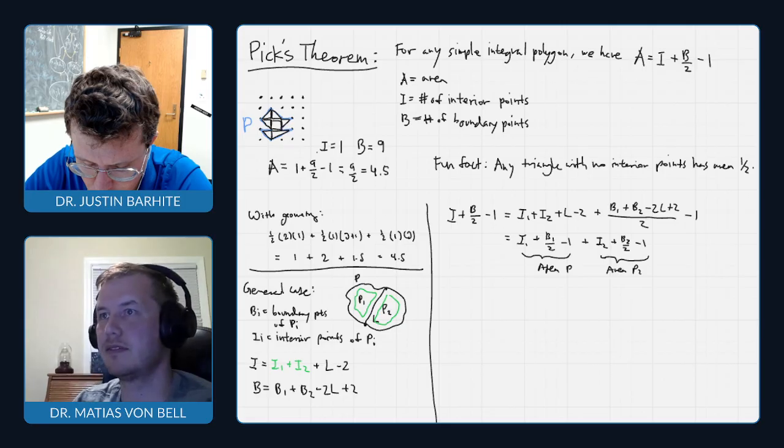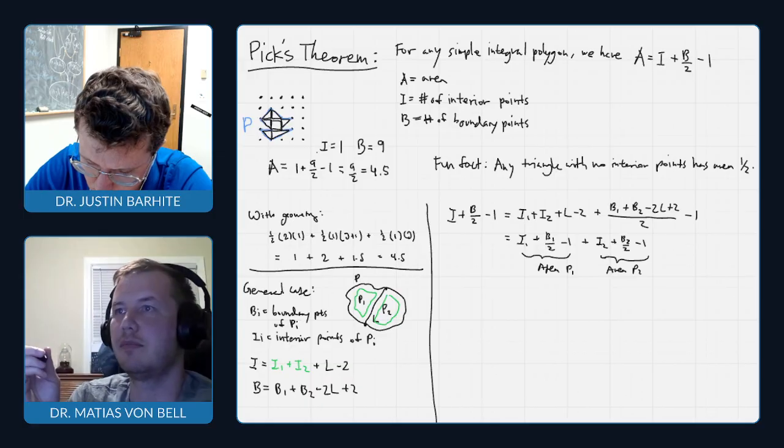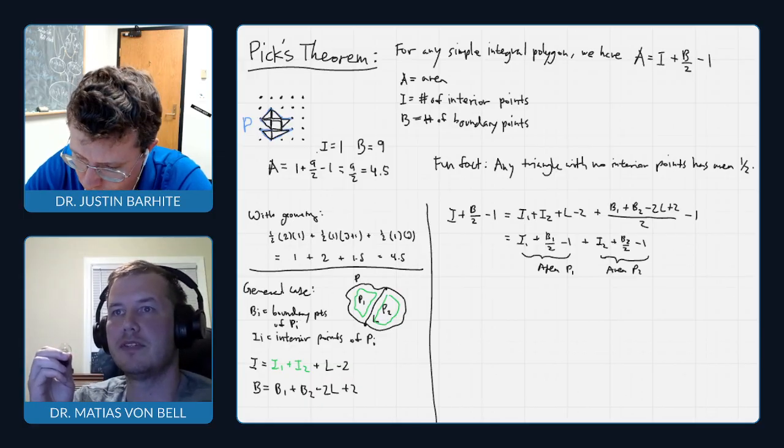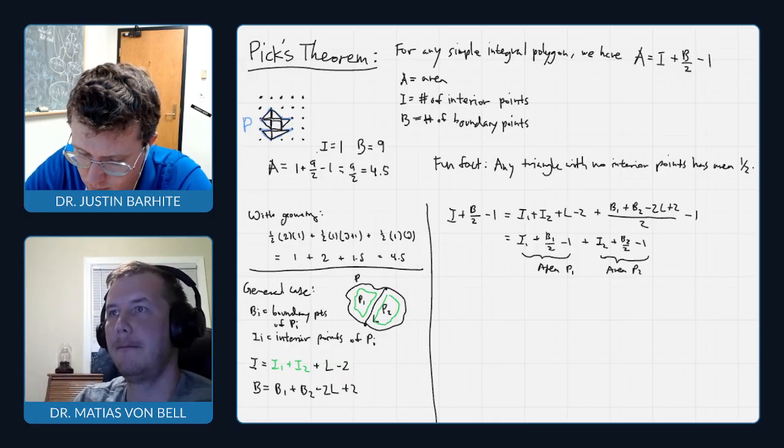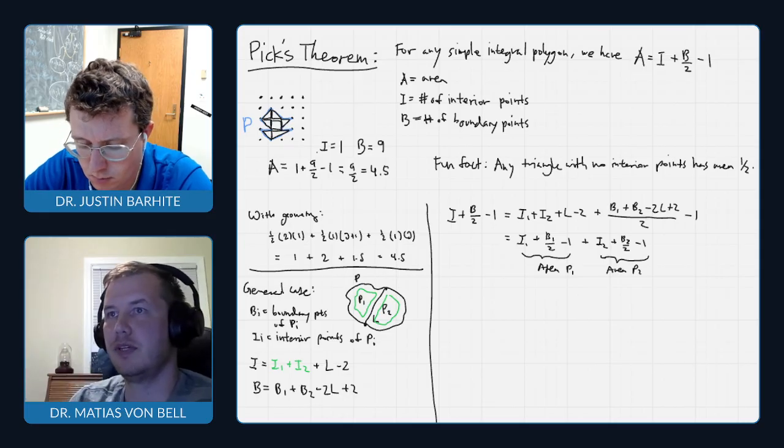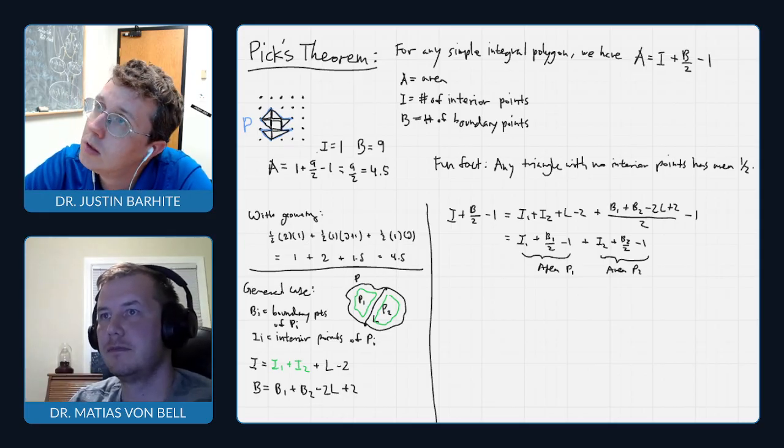We have this. This doesn't prove anything really yet, except for this additive property that holds in general for a polygon, because we know area is additive.